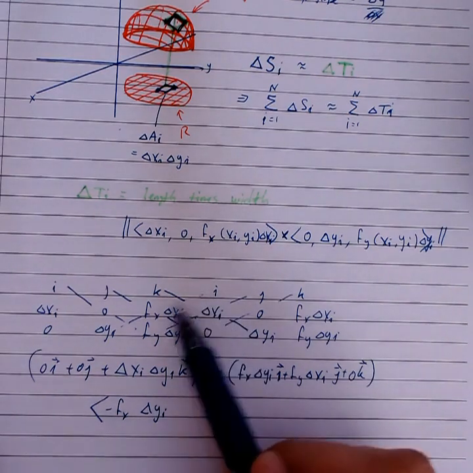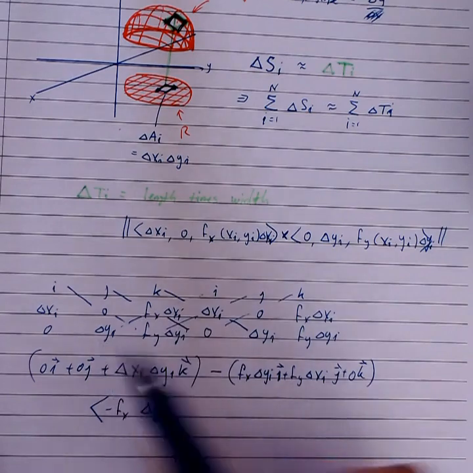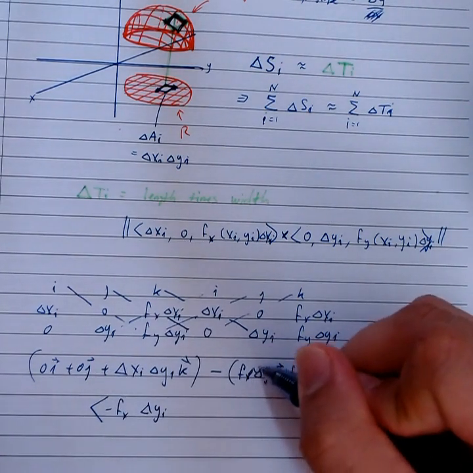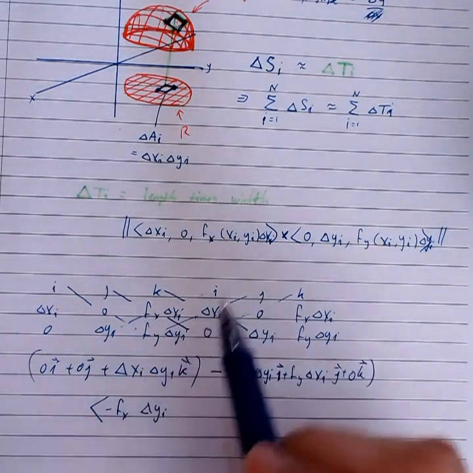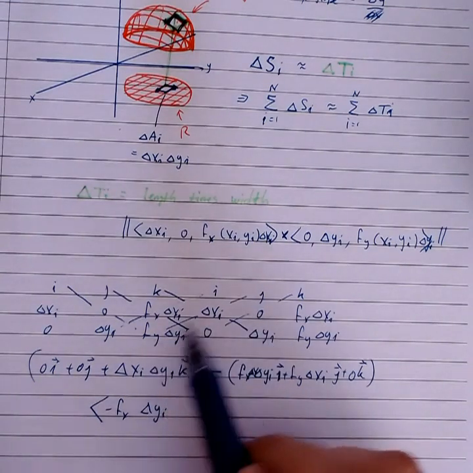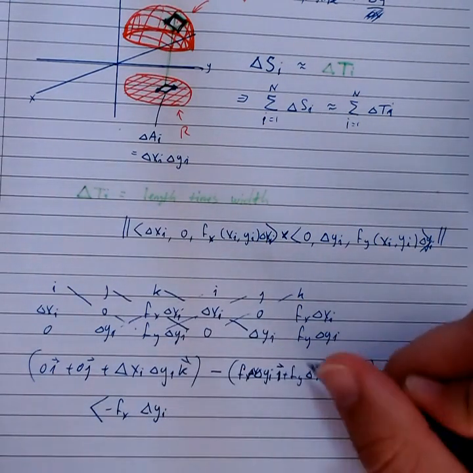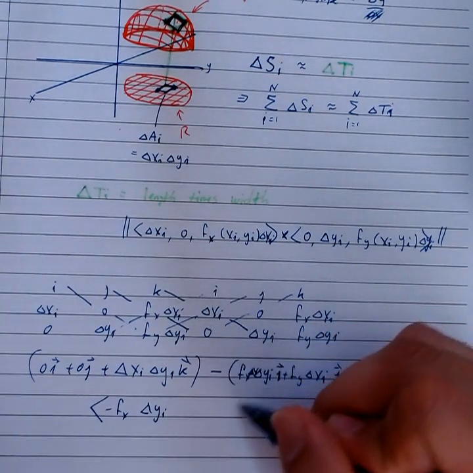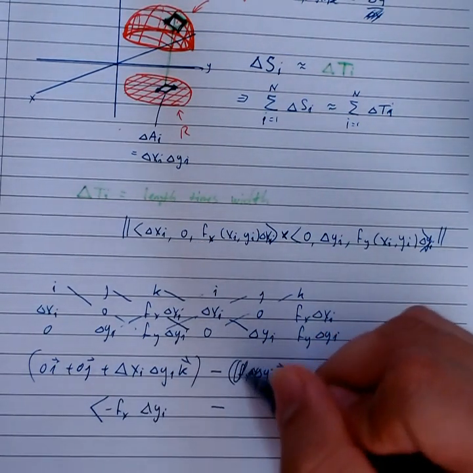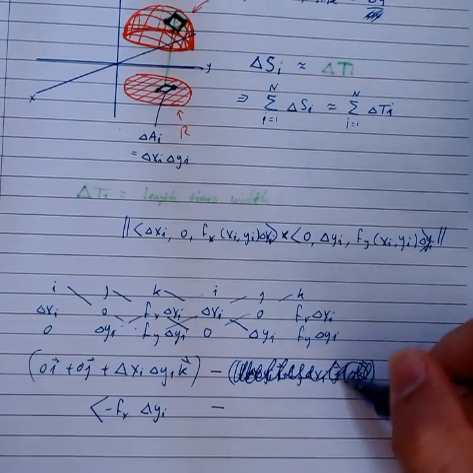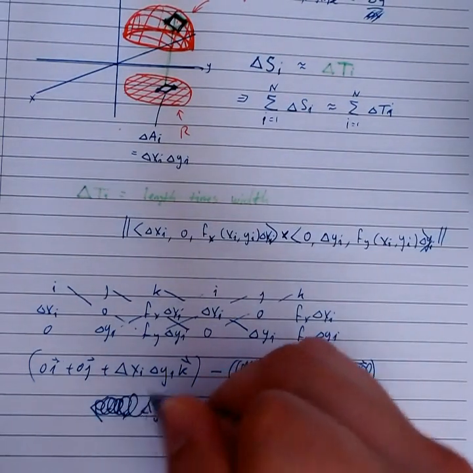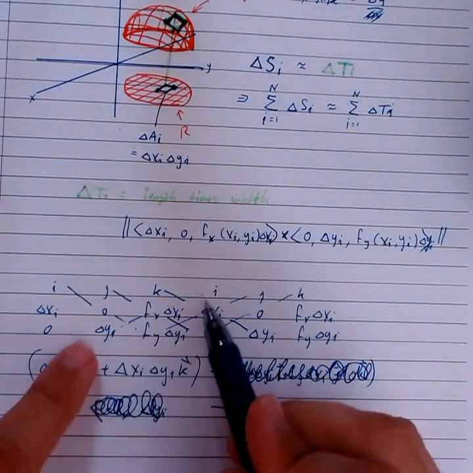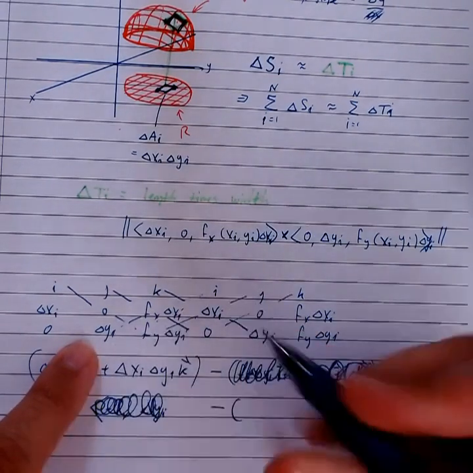Here this will be f sub x delta x delta y. So here that should be delta x and delta y. And same thing for the second one. This should be f sub y delta x delta y. You know what? Let me just rewrite that. So here that'll be f sub x delta y.